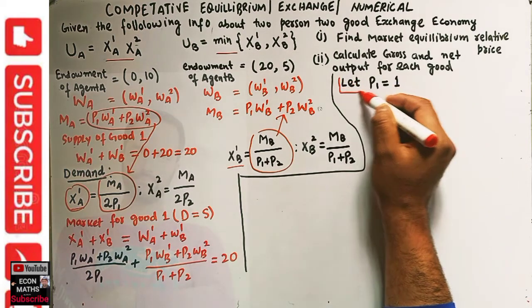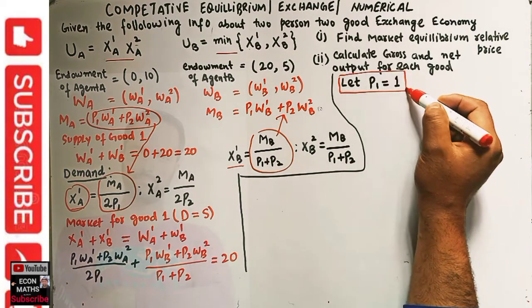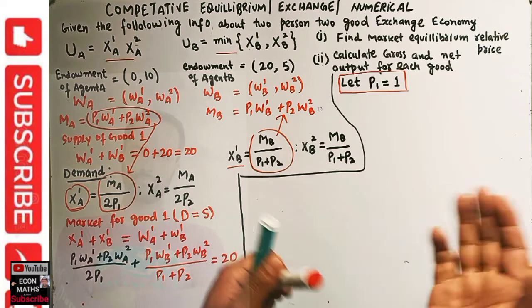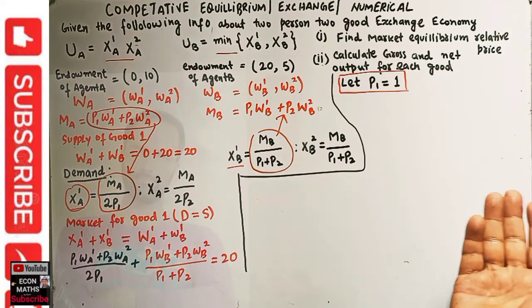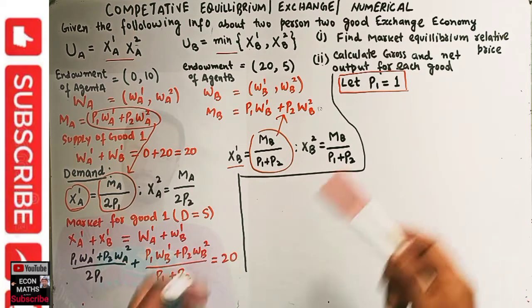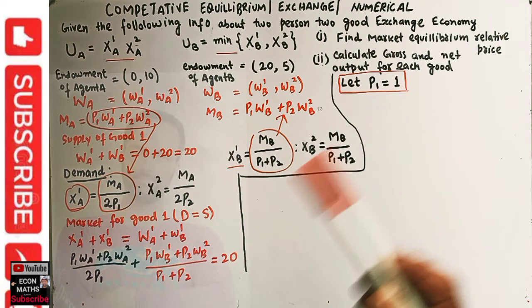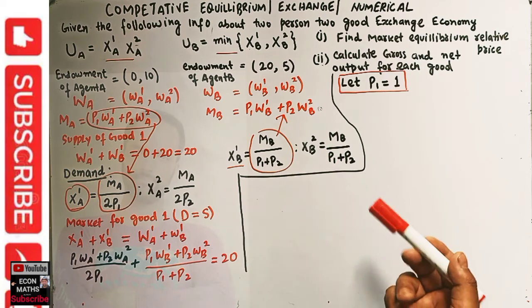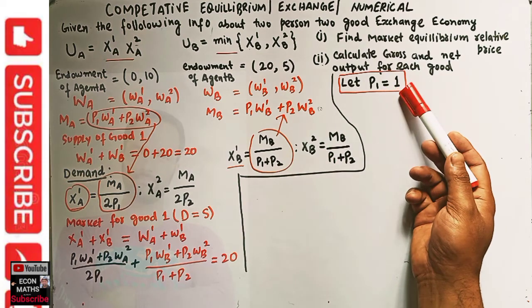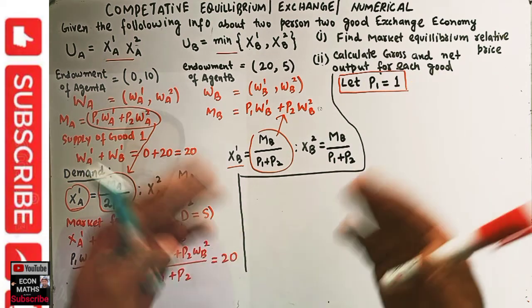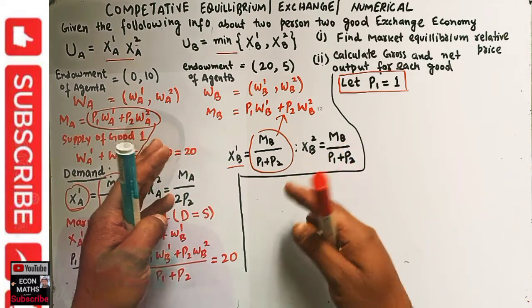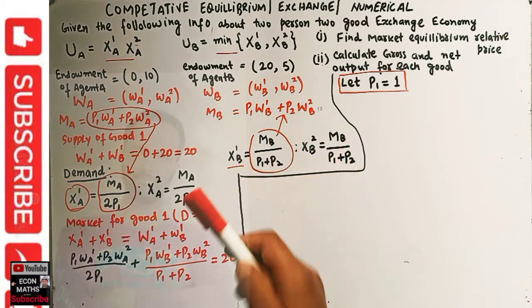We cannot always take it, but in this question, when one function is well behaved and another is not, in that case we can take the price of any of the goods as equal to 1. We assume the price of good 1 is equal to 1, but we cannot take it in any kind of exchange economy model.